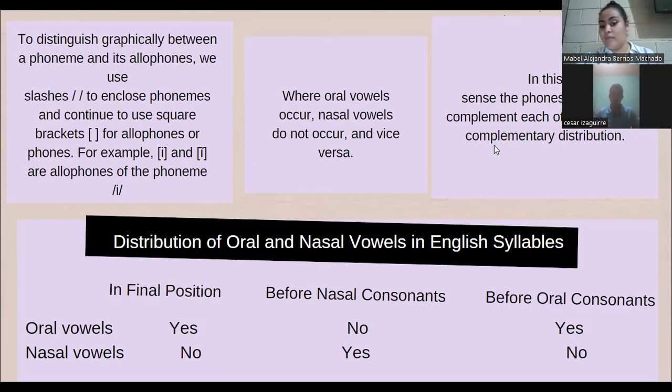Oral vowels, for example, we can find in final position, and we can find them before oral consonants, but we don't find them before nasal consonants. Nasal vowels, for example, we do not find in final position. We find them before nasal consonants, and we don't find them before oral consonants.